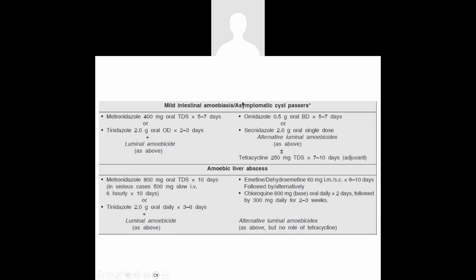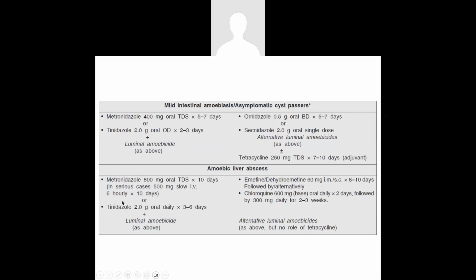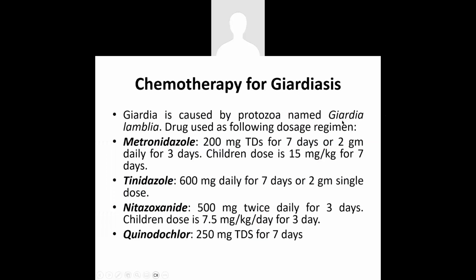For mild amoebiasis or asymptomatic cyst passers: metronidazole, tinidazole, or luminal amoebicide plus treatment for luminal amoebiasis as above, which is the same treatment, diloxanide. The course of treatment: metronidazole is given for 7 days or 2 grams daily for 3 days, and tinidazole 600 mg daily for 7 days or 2 grams single dose.